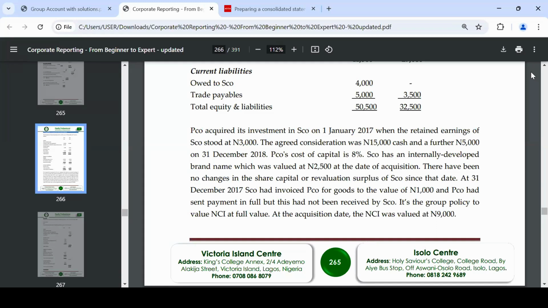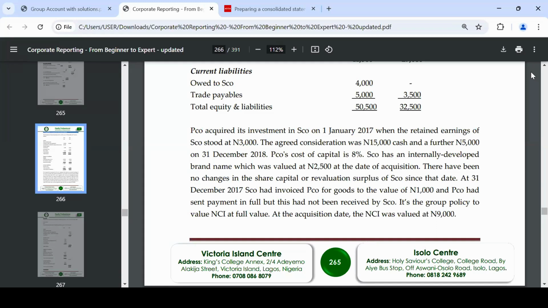But at acquisition date, if ESCO is able to say, we have internally developed a brand name and PICO is supposed to pay for it, and PICO has agreed to pay for it, then it will pass that test. It means that it will now show up in the consolidated financial statement as an asset.